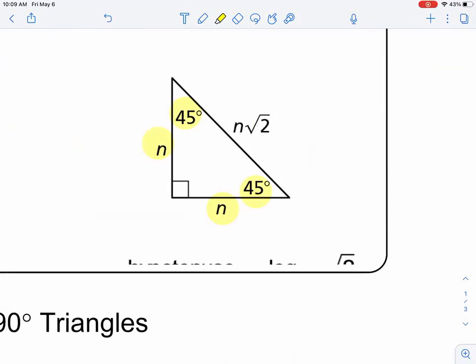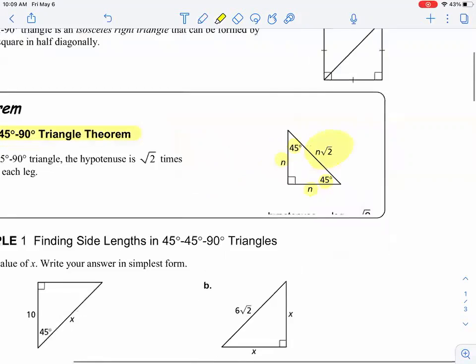And then this third side here is always the measure of one of the other legs times the square root of 2. Okay, and then notice also that this third side, that's the hypotenuse. So the hypotenuse is always one of the legs times the square root of 2.